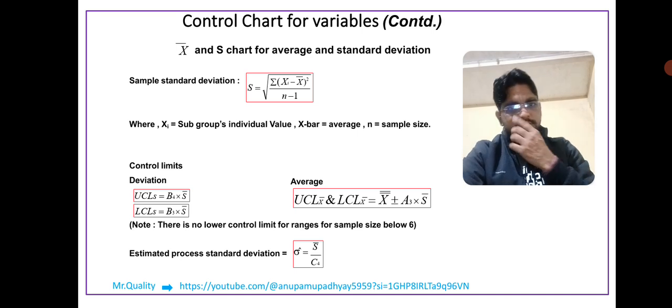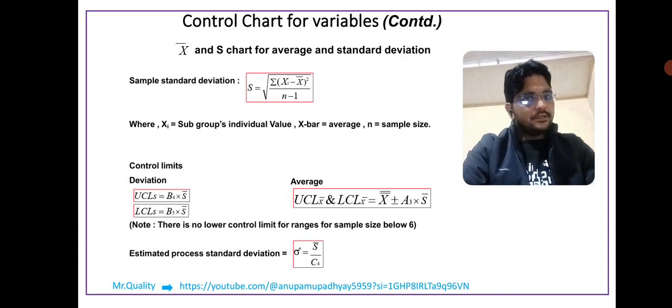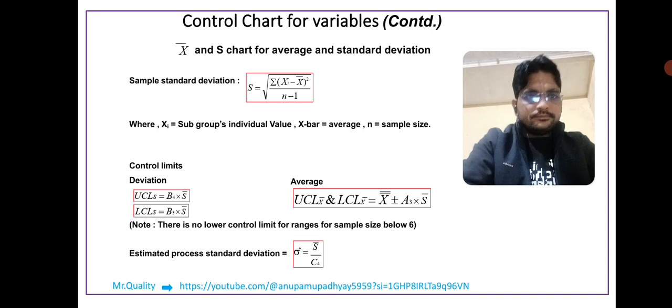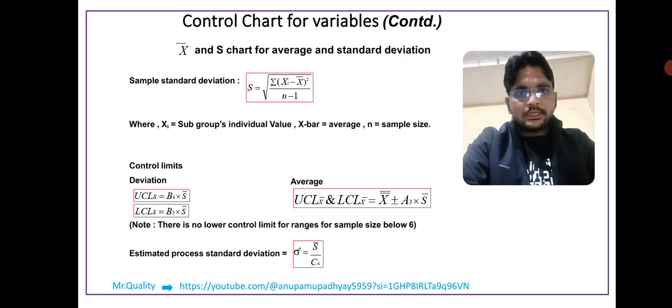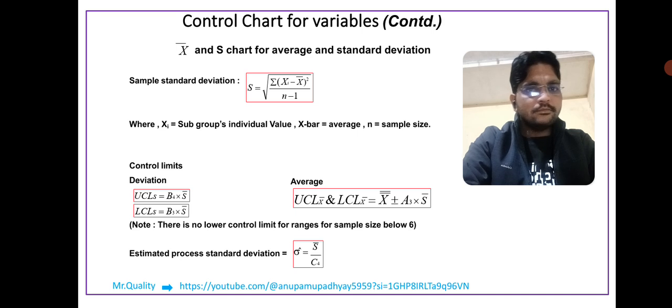Control limits. The upper control limit for standard deviation is B4 times S bar, and the lower control limit is B3 times S bar.